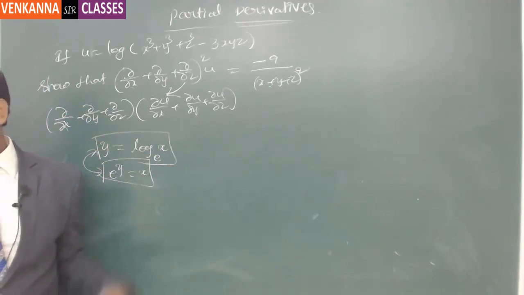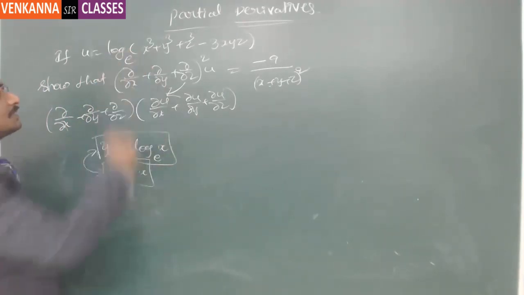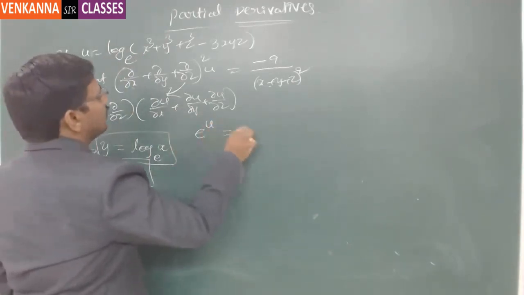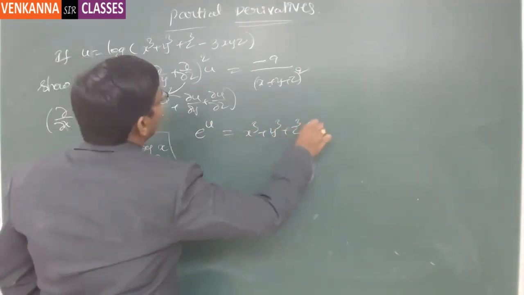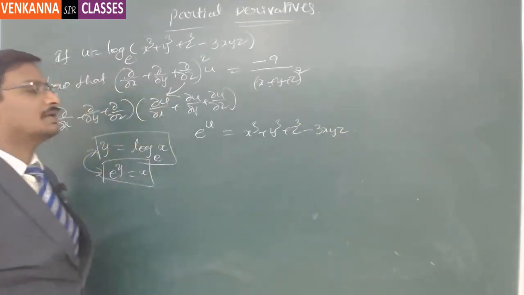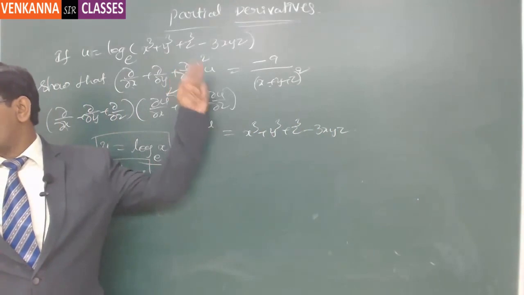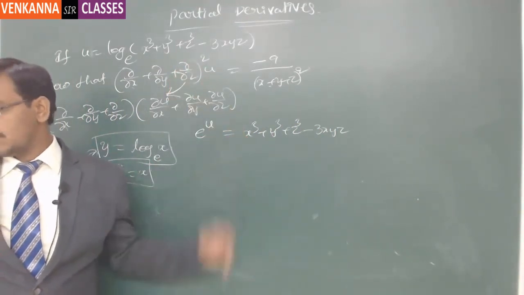Exactly in the similar manner, if you take base e, then e power u can be written as x cube plus y cube plus z cube minus 3xyz. So both the functions are one and the same. This is the logarithm form and this is the index form. Is this clear to everybody?